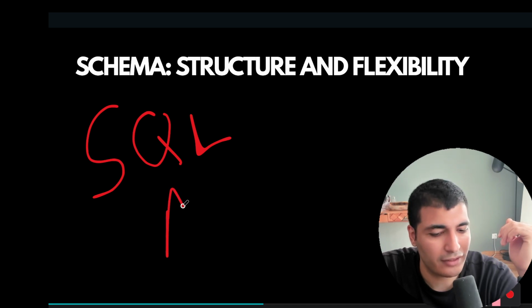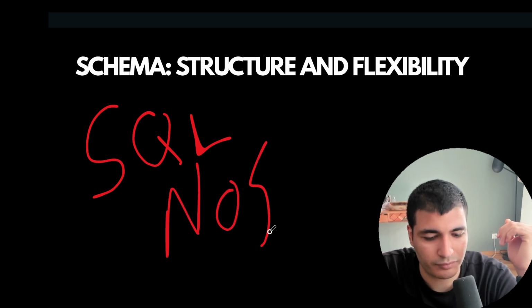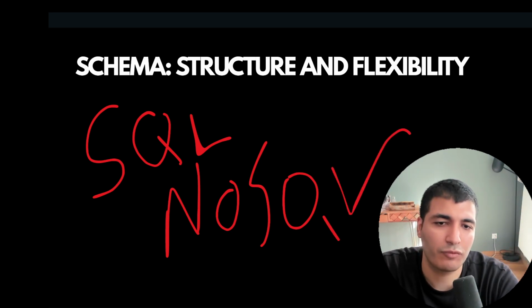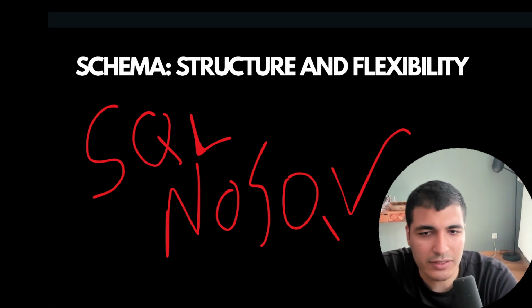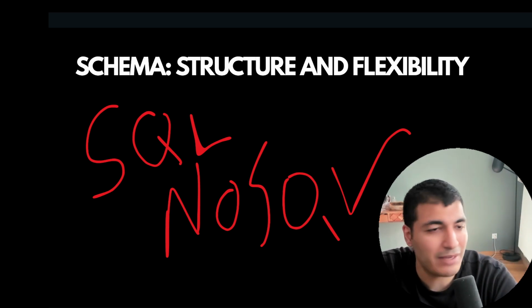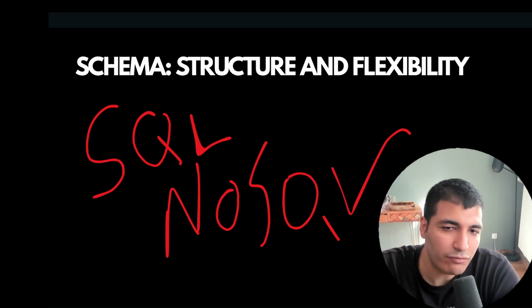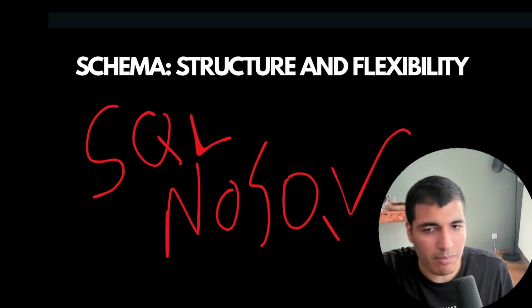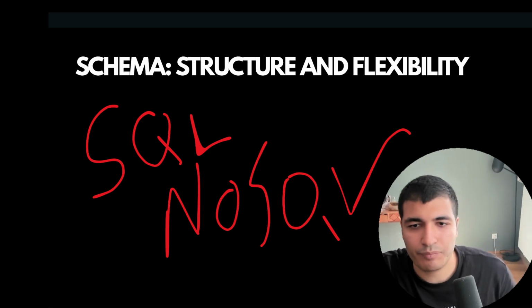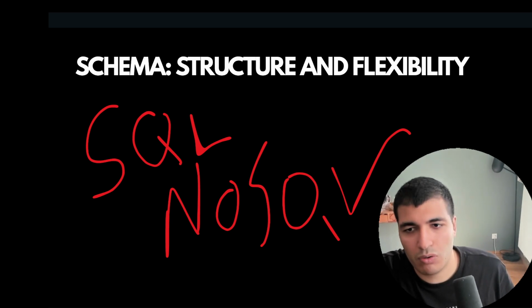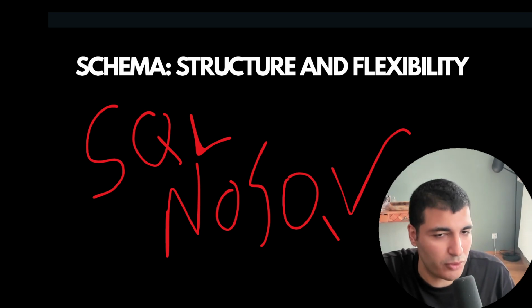On the other hand, NoSQL databases typically offer a dynamic or schemaless structure. You don't have to define a fixed schema before inserting data. Different records or documents can have different attributes, for example.